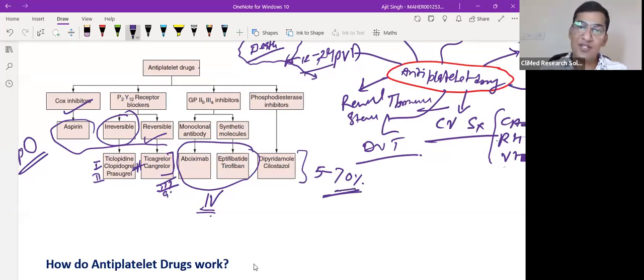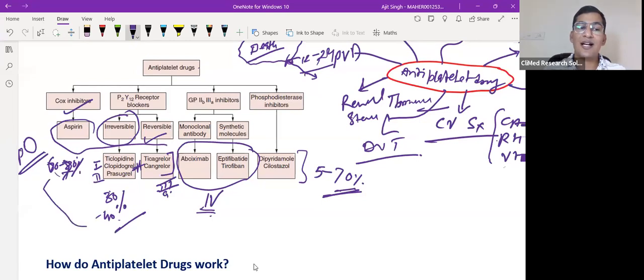So they are not that important, whereas aspirin contributes around 60 to 70%, and P2Y12 receptors around 30 to 40% of the binding process. That's why usually these two drugs are being used in platelet inhibition, to prevent the heart attacks or myocardial infarction indirectly.